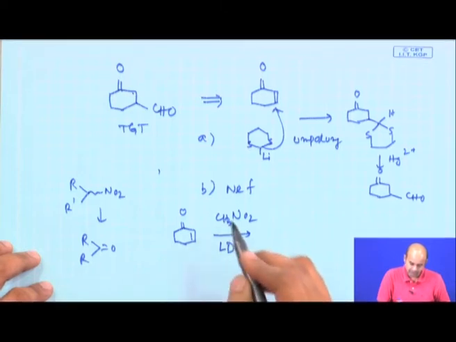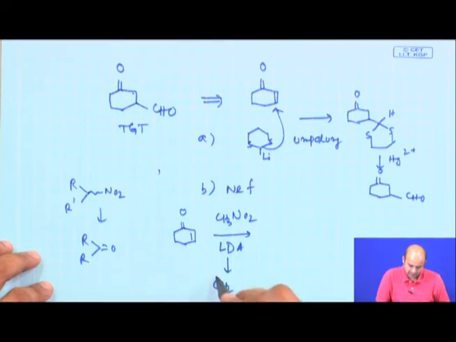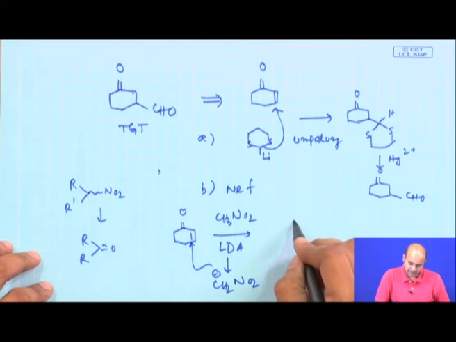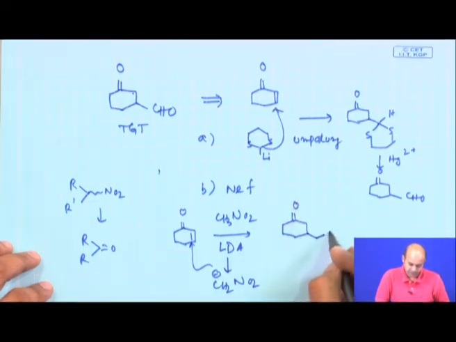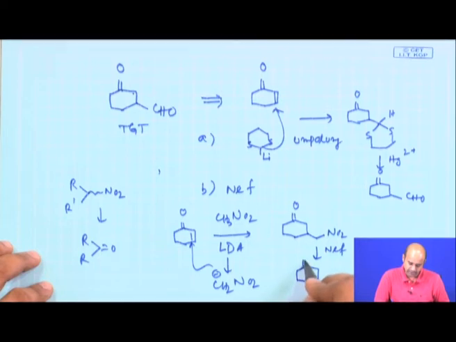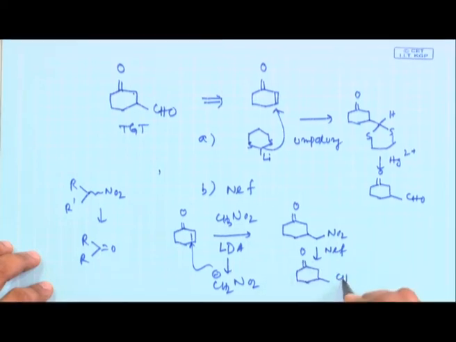Nitromethane is known to generate this carbanion. You react in a Michael fashion, so basically you will be getting CH2NO2, and then do a Nef reaction.